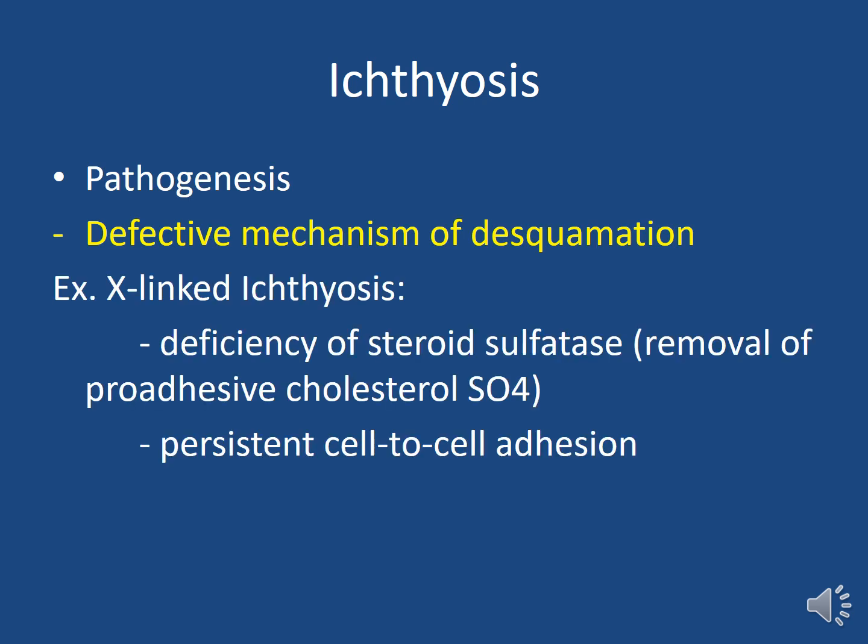Okay, so there are many forms of ichthyosis. For this form, the X-linked, it will develop secondary to the deficiency of this enzyme, steroid sulfatase. So this enzyme is normally involved in the removal of the pro-adhesive cholesterol sulfate, which is present among these squamous cells in the epidermis.